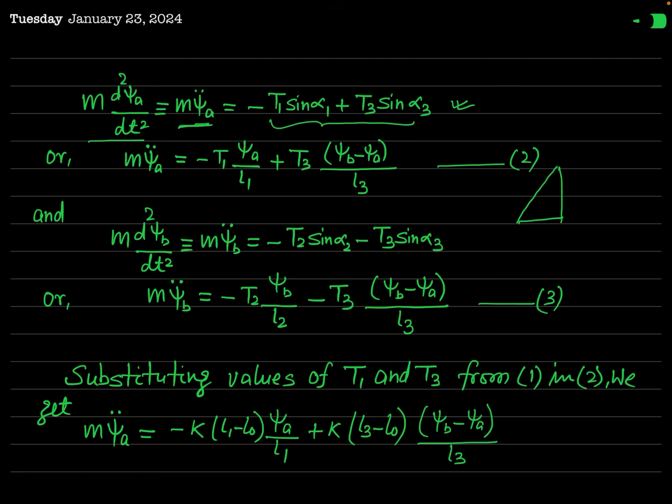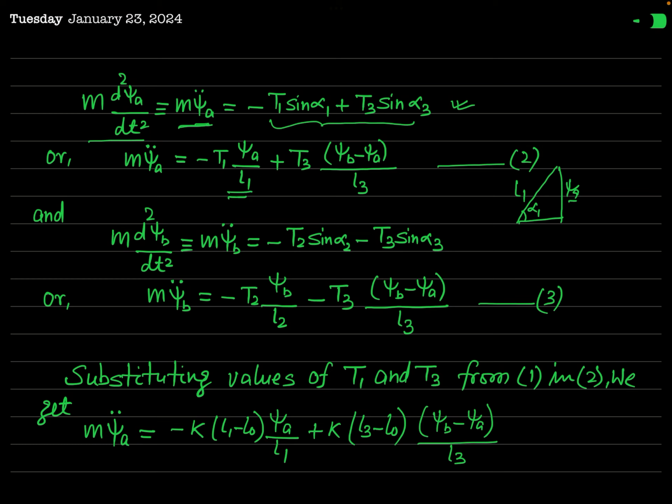This side is psi A, this angle is alpha 1 and this side is L1. So sine alpha 1 will be equal to psi A divided by L1. So in this equation you can replace sine alpha 1 by psi A by L1.